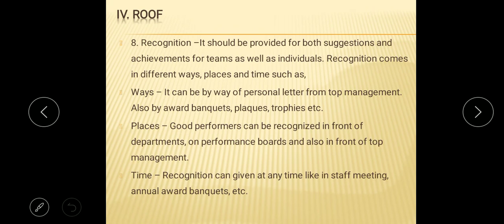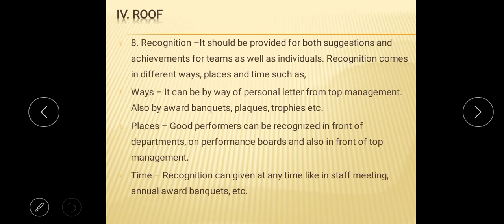Recognition is the last and final element in the entire system. It should be provided for both suggestions and achievements, for teams as well as individuals. Employees strive to receive recognition for themselves and their teams. Detecting and recognizing contributors is the most important job of a supervisor.